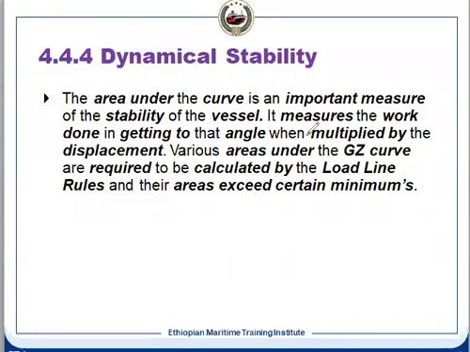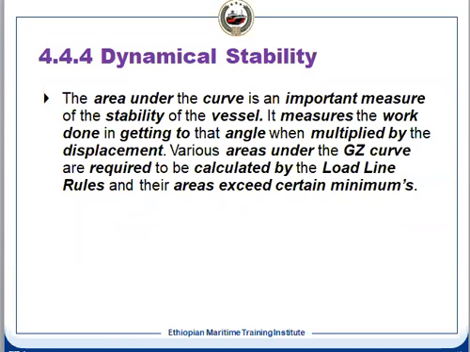So what we do in that case is, under the statical stability curve, we calculate the area under this curve, and then we can calculate the work done by multiplying by the displacement. If you multiply the area under the statical stability curve by the delta, you can find out how much work is required to get that angle.